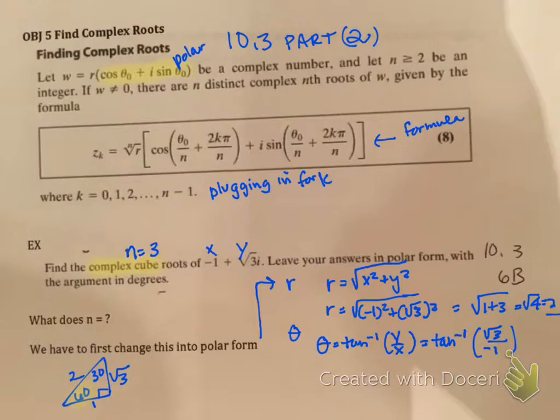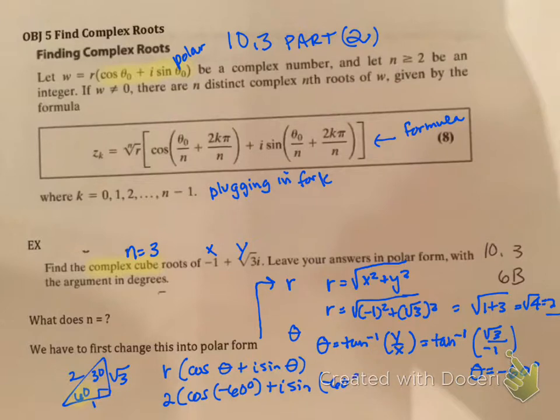So polar form is r times cosine theta plus i sine theta. Plugging this stuff in, I get 2 times cosine of negative 60 degrees plus i sine of negative 60 degrees.